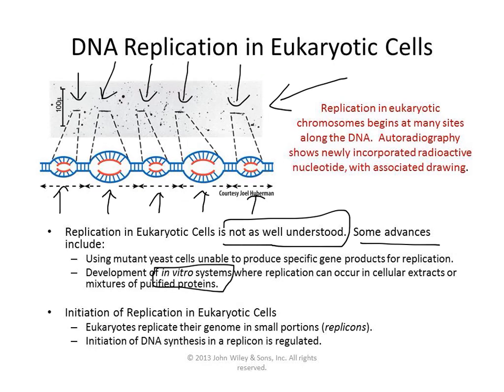Some of these in vitro systems have been extremely effective in helping decipher the DNA replication process in eukaryotes. But there's much to still learn in regards to DNA replication in eukaryotes.